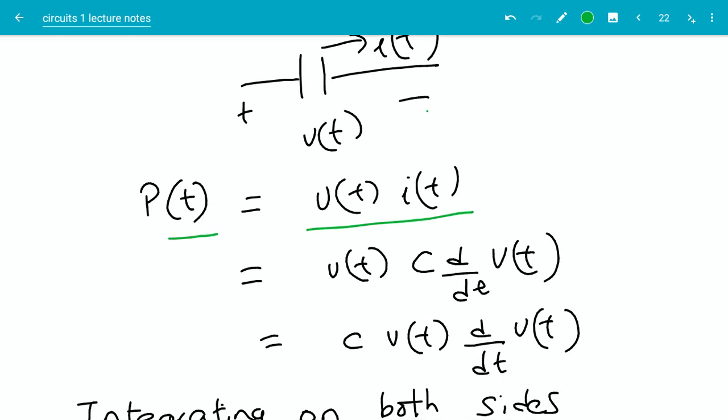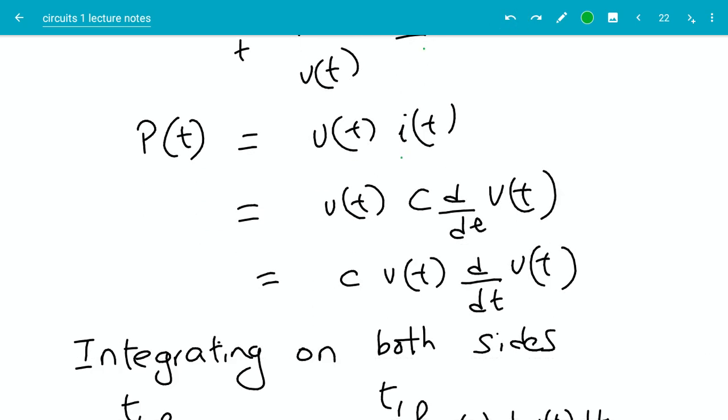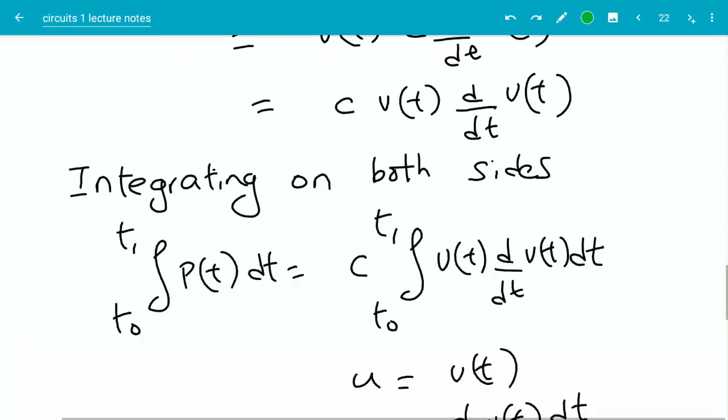When you write the power delivered to the component, you have to make sure these are measured in the correct direction, so i(t) should be in the direction of the voltage drop v(t). Then I substitute i(t) equals C times the derivative of the voltage, and integrate on both sides.